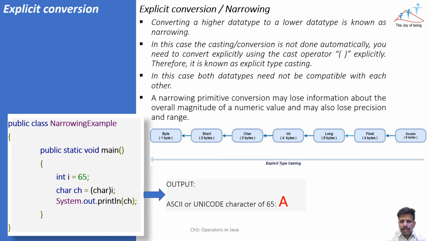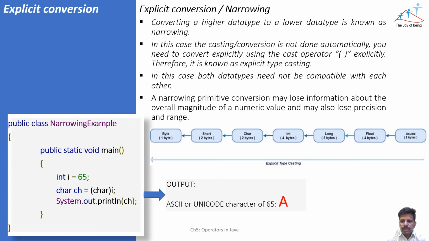In this case, both data types need not be compatible with each other. When we convert from a higher data type to a lower data type, there is a chance of losing precision or the overall magnitude of the value if you are using numeric values.